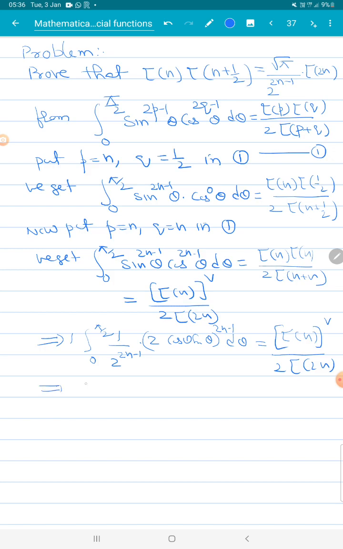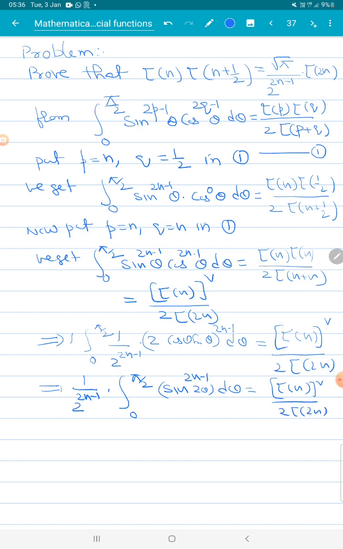The constant value comes out. This implies that 1 by 2 to the power of 2n minus 1 into integration 0 to pi by 2 of sine 2 theta to the power 2n minus 1 d theta is equal to gamma n whole square by 2 into gamma of 2n.